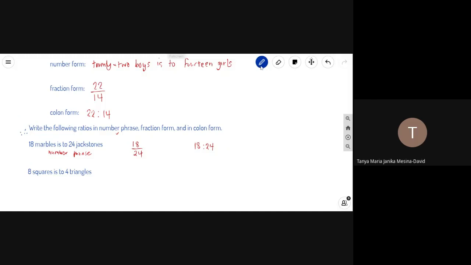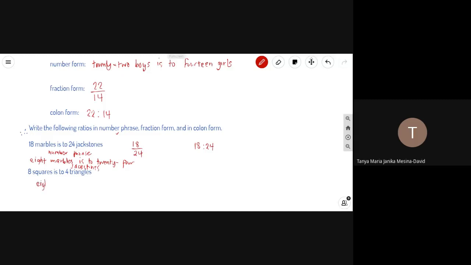So I can write 2 marbles is to 24 jackstones. Similarly, we can do the same here for the number phrase.